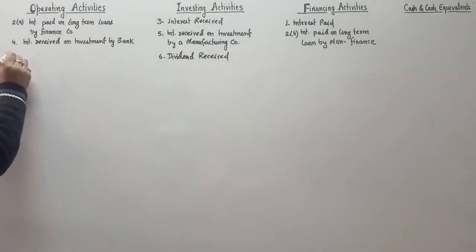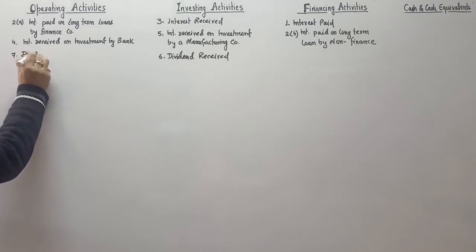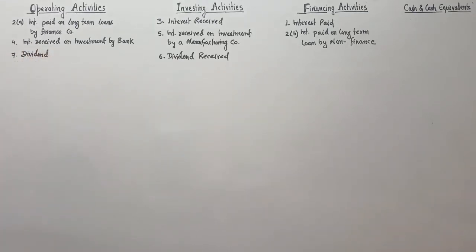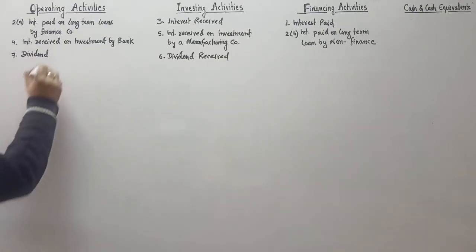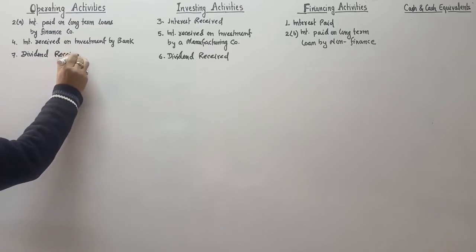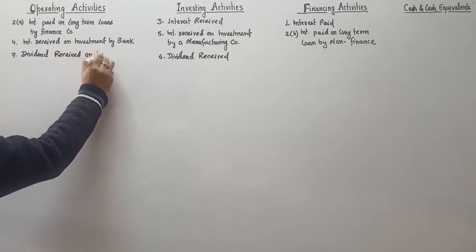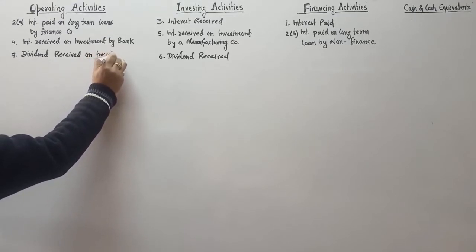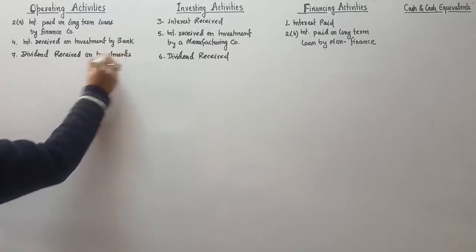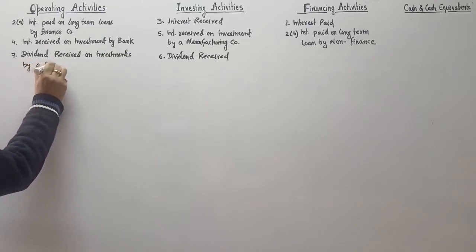So number 7 is dividend received on investment by a mutual fund company.